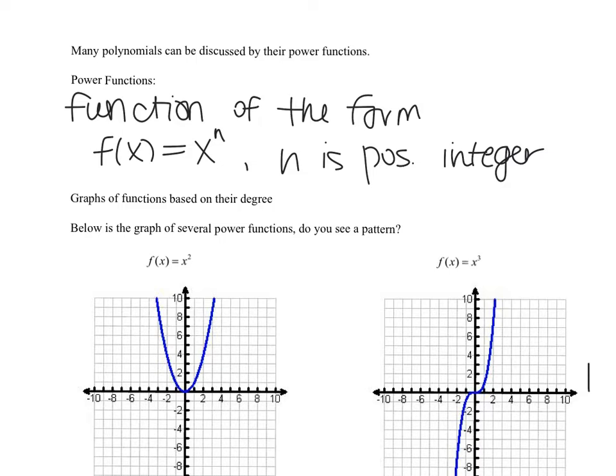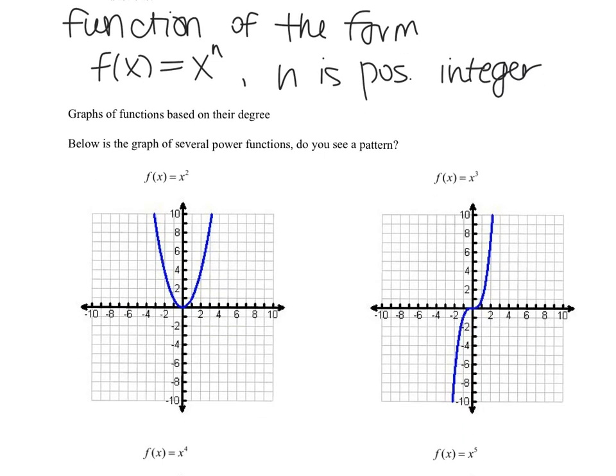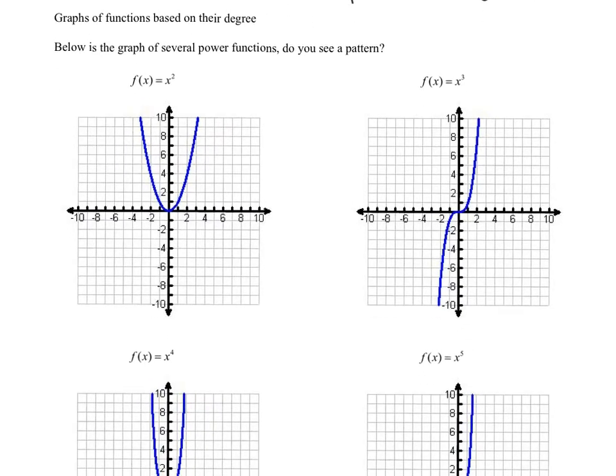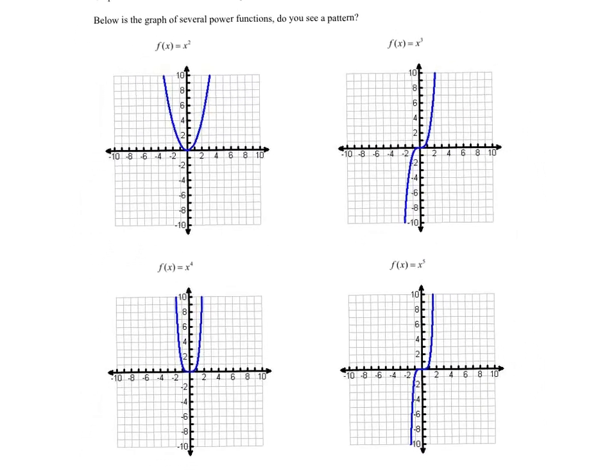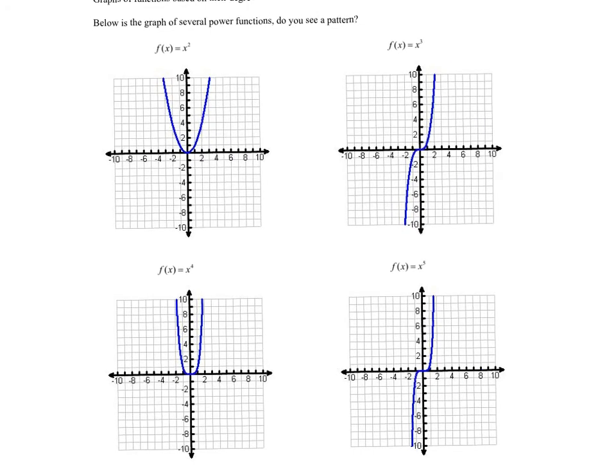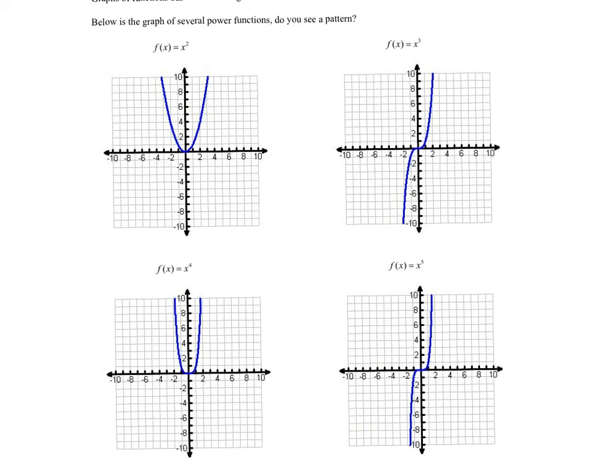So if we look at several functions here that we may have seen in the past, we have f of x equals x squared, f of x equals x cubed, f of x equals x to the 4th, and f of x equals x to the 5th. So we want to go ahead and take a look at these power functions and see if we can notice anything about them.